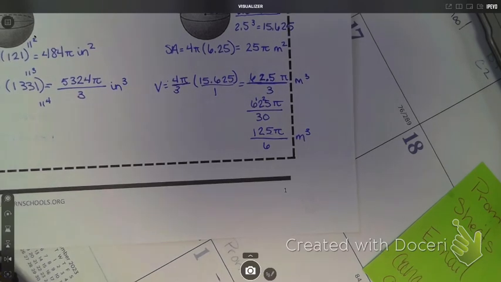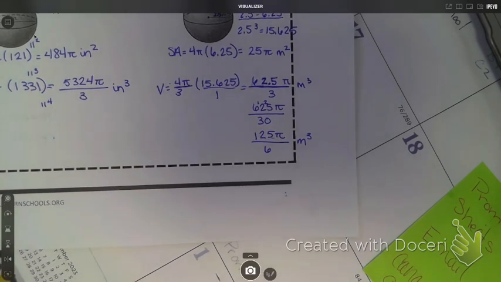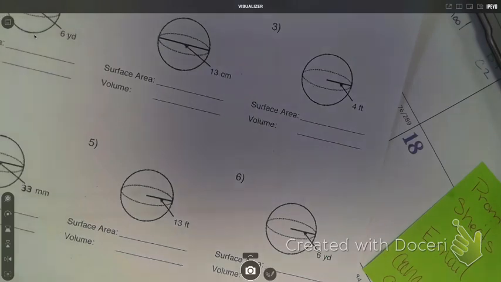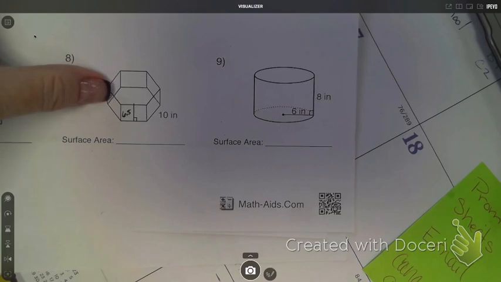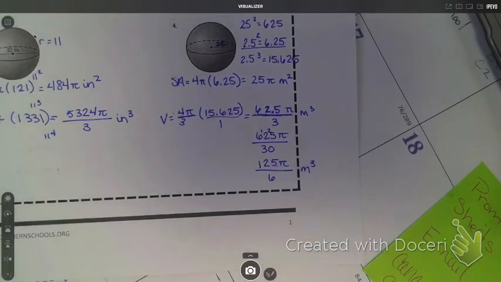Your worksheet today, you have one that has circles, and you will do surface area and volume on it. There's 9. And then you have one that has the shapes from yesterday, but we are going to do number 8 together before we do anything else.